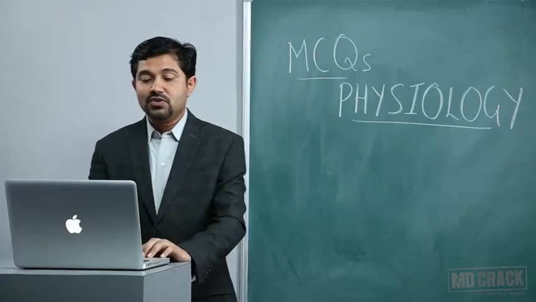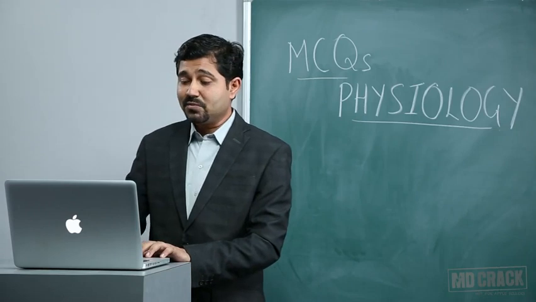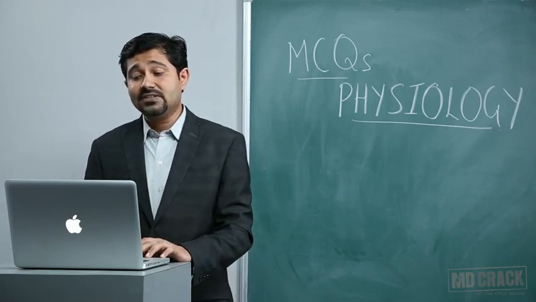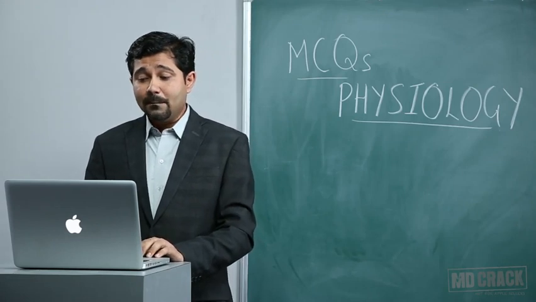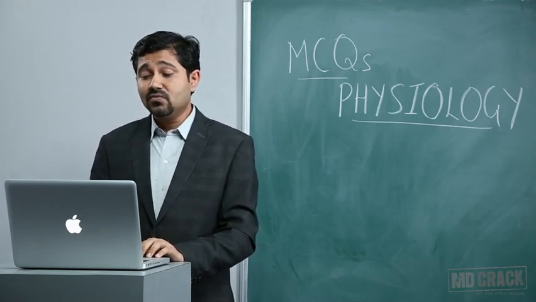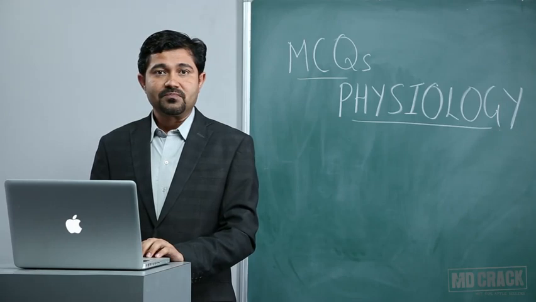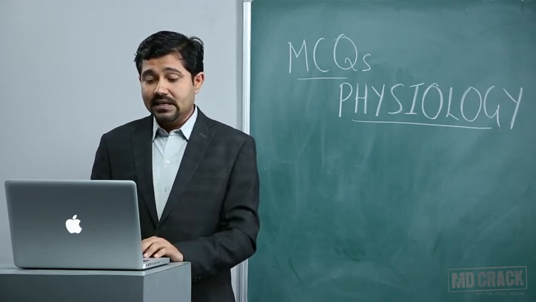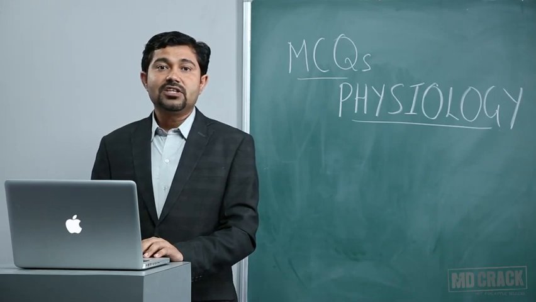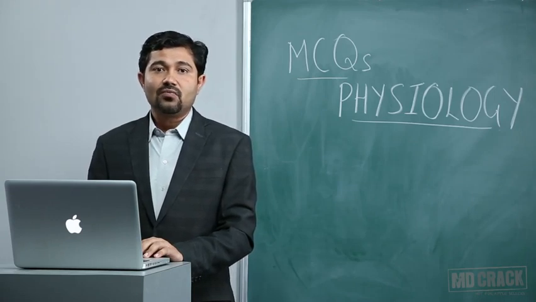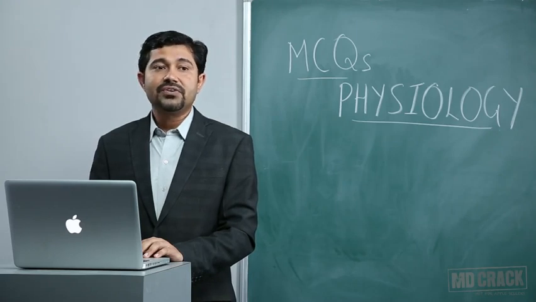In these questions, you may get confused because excessive muscle activity, of course, will generate heat and that will increase the body temperature. But what the question asks is, which is the main cause of fever? The answer is that mainly the WBC during inflammation cause the release of interleukin 1.